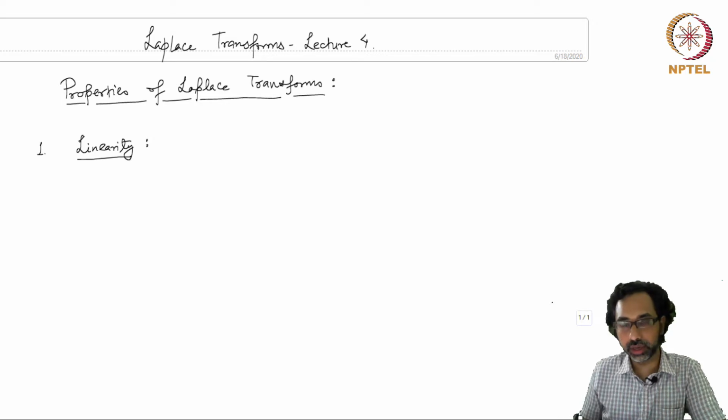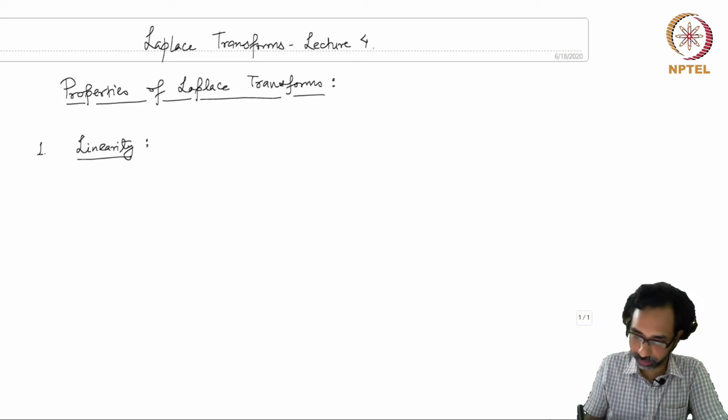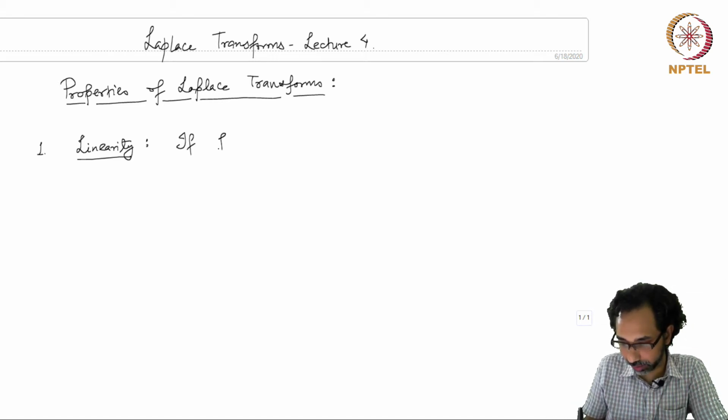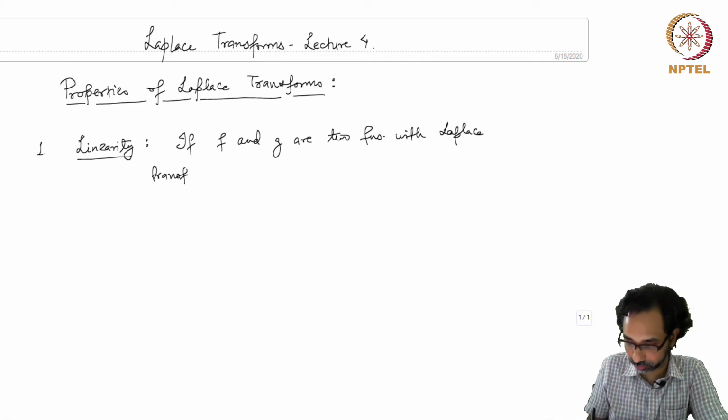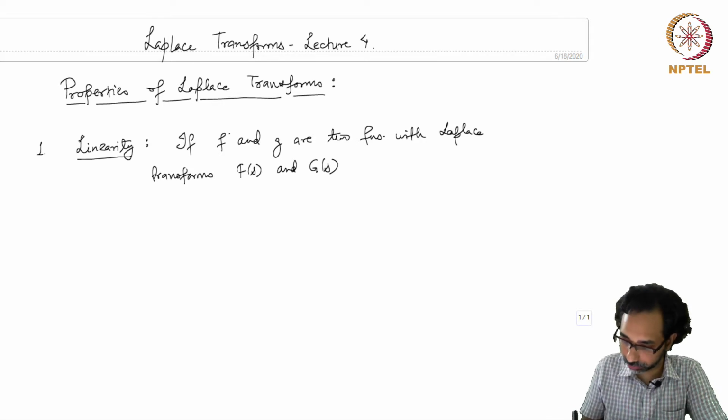Let us begin with the linearity property of the Laplace transform. It says that if f and g are two functions with Laplace transforms F(s) and G(s), so our functions are variables in t, and the Laplace transforms are variables in s.